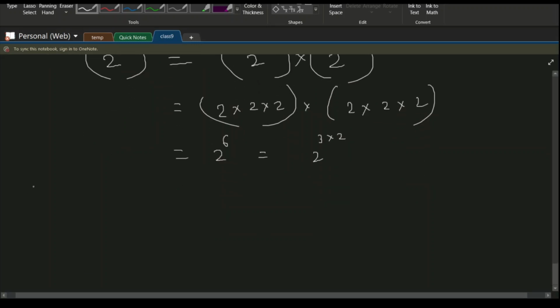So this is another law. A to the power m and whole raised to the power n becomes a raised to the power m times n. Now any guesses? This will hold for what? Any real a, or should I put non-zero a? What shall we put here?